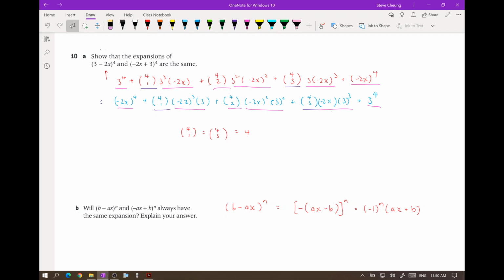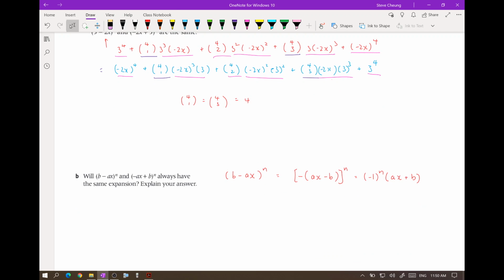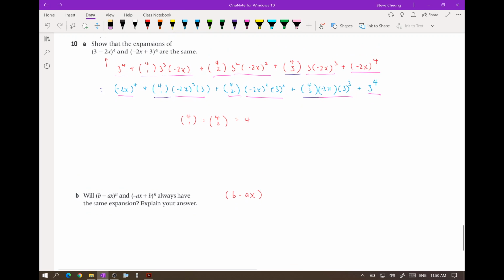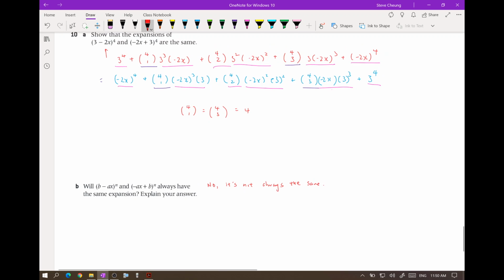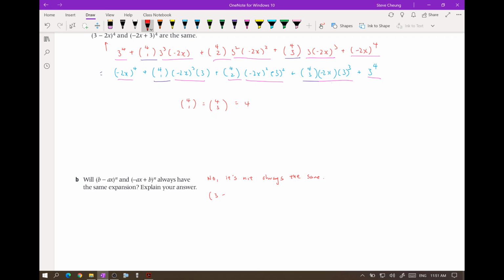Oh, sorry, okay, they are actually not the same. There's no reason to prove it because it doesn't work. If you show this for 3, so if you try, no, it's not always the same.